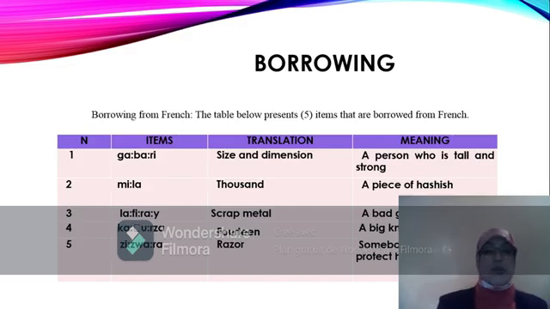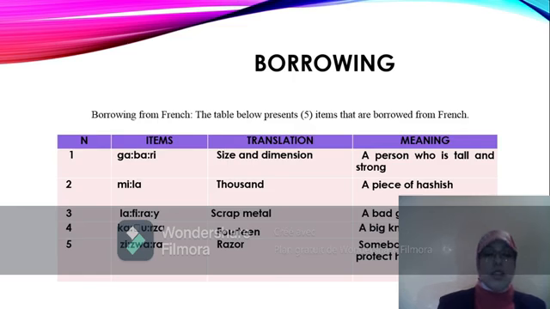Item two, mila. The translation is 1,000. The meaning is a piece of hashish or drugs. Item number three, lafirai. The translation is scrap metal. The meaning is a bad girl.